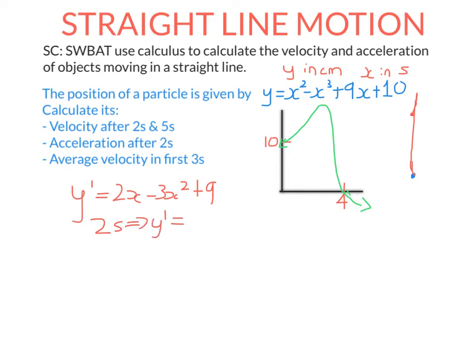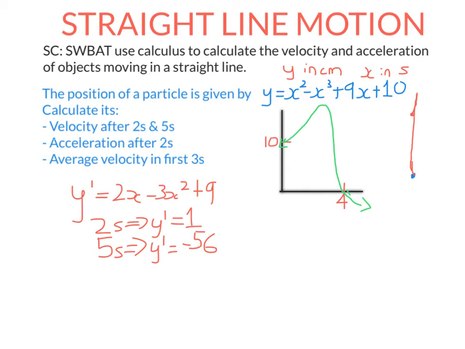So that means that after 2 seconds, the particle is moving at 1 centimeter per second. If I substitute in x equals 5, that means after 5 seconds, the velocity is actually minus 56. That's what I got from substituting x equals 5 into here.